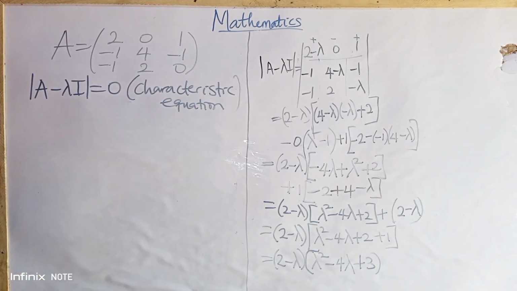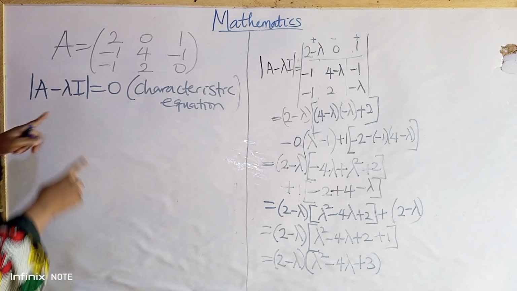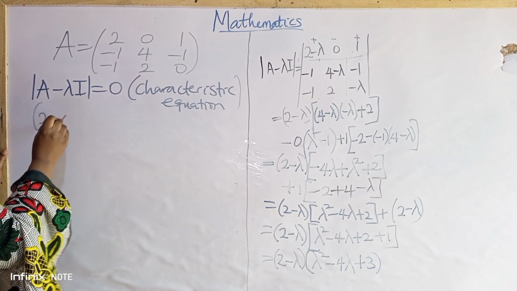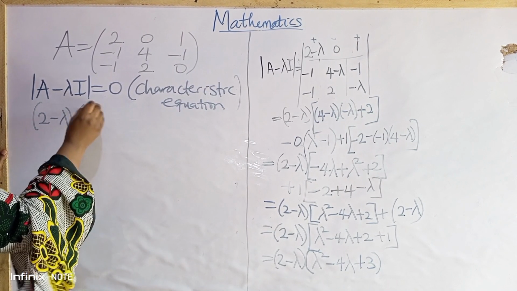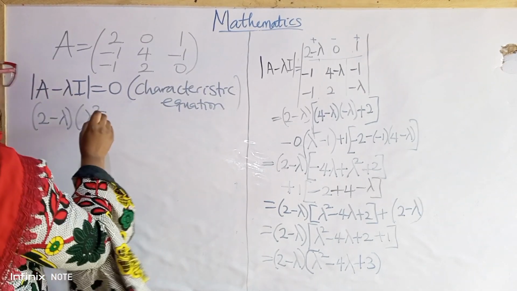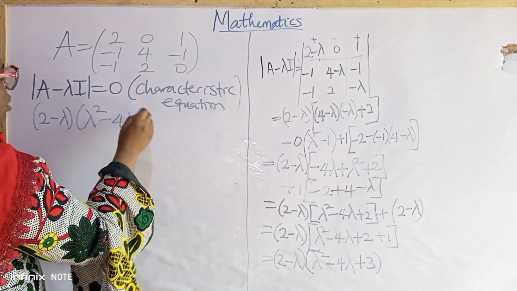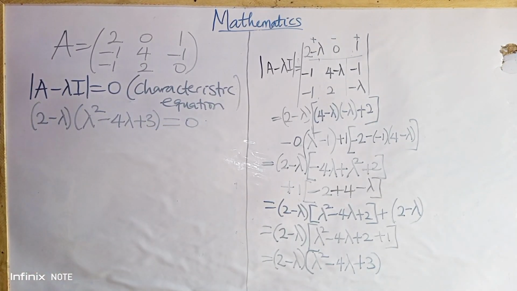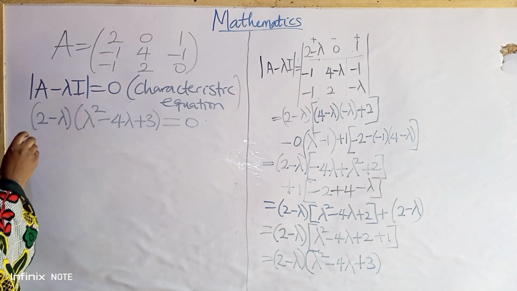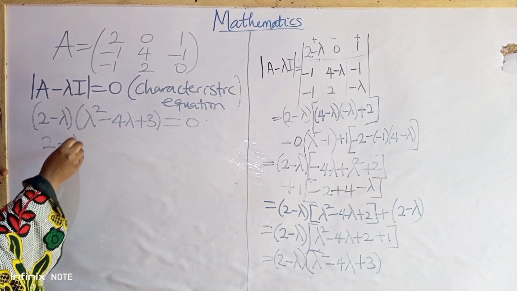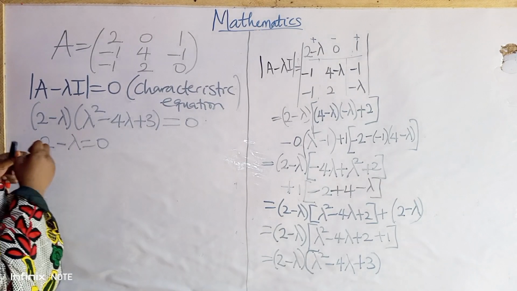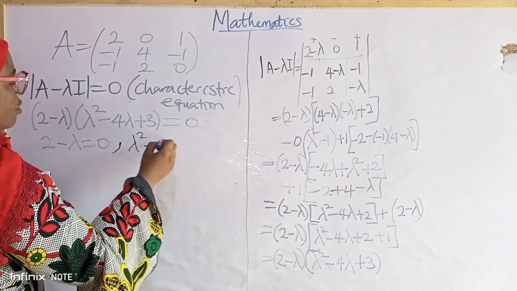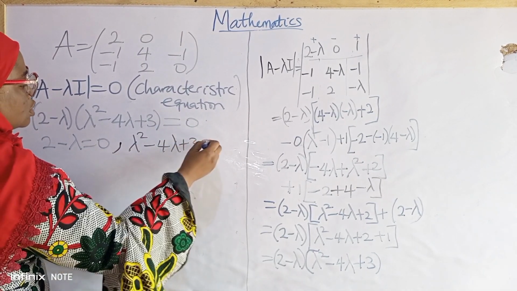So we have gotten the determinant of A minus lambda I to be equal to 2 minus lambda into brackets lambda squared minus 4 lambda plus 3, and everything is equal to 0. So from here, we can say that 2 minus lambda is equal to 0, and lambda squared minus 4 lambda plus 3 is also equal to 0.